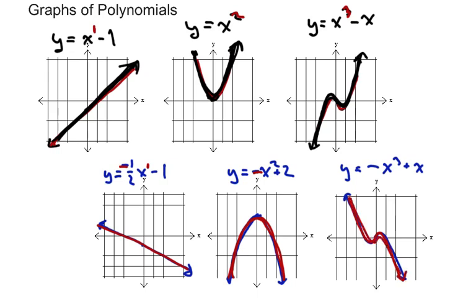All right? And that leading coefficient tells us what happens on the right end as x gets bigger and bigger. When the leading coefficient was positive, as x got bigger and bigger, the graph went up. Now, when leading coefficients are negative, as x gets bigger and bigger, the graph will go down to the right.